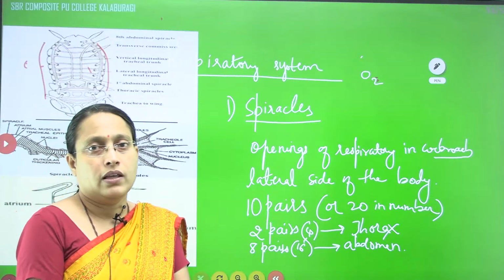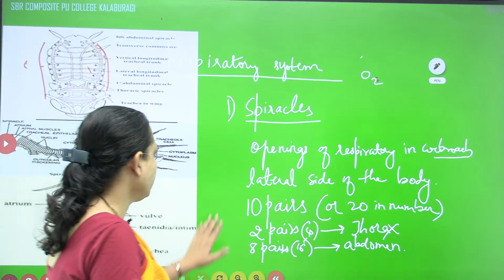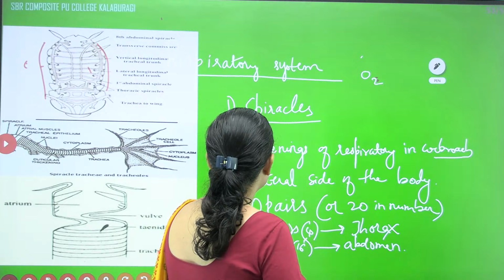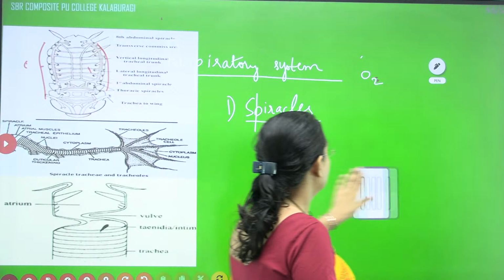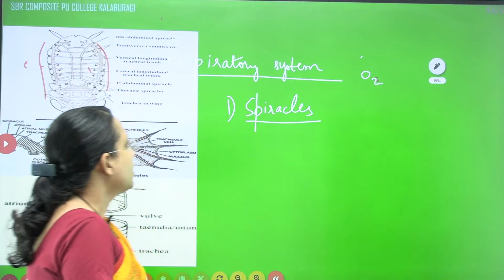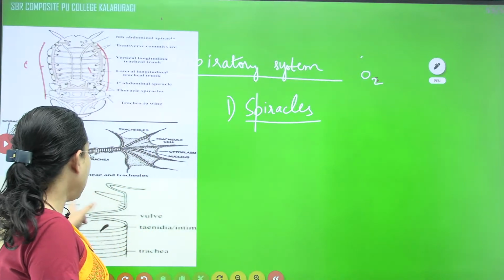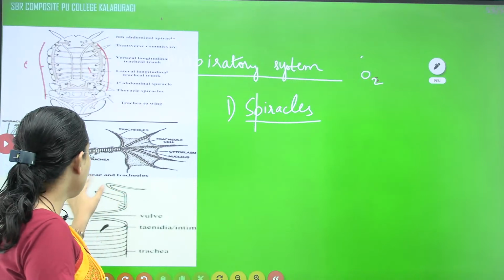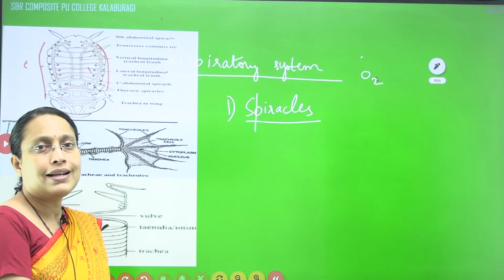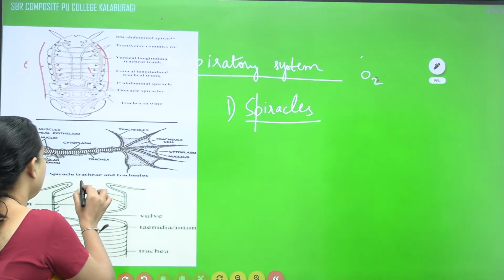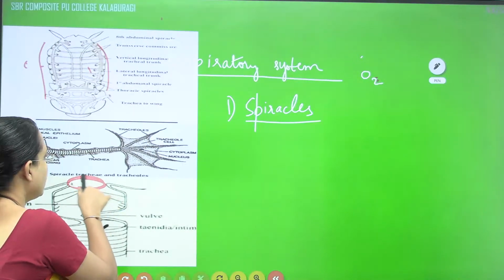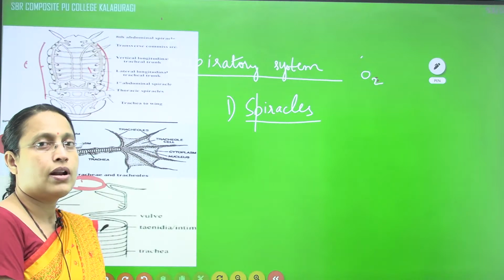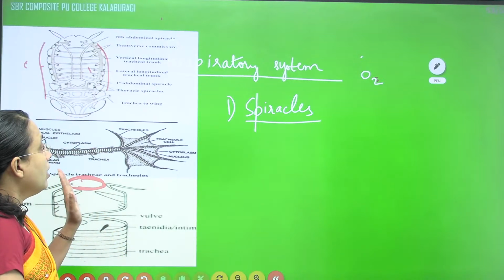Now, the structure of spiracles. It has an opening which is surrounded by a chitinous ring-like structure called the peritreme.